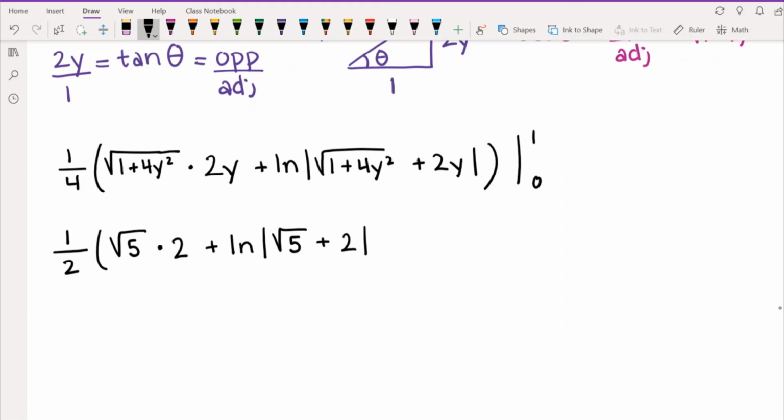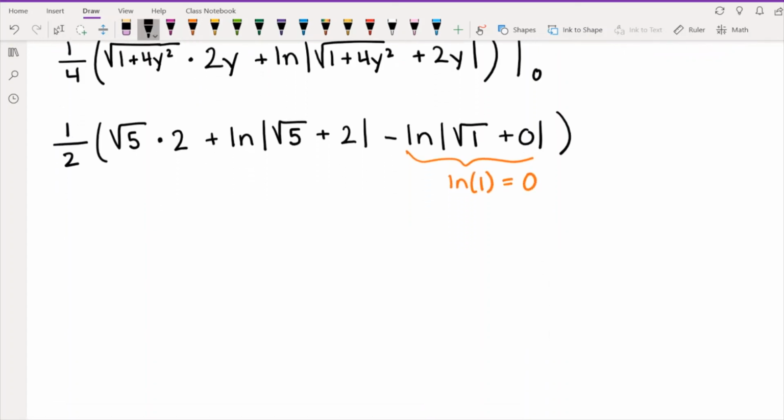The first part is going to be 0, right? This part turns to 0 when you plug in 0. And then the second part will be ln of absolute value of square root of 1 plus 0. So this part altogether is ln of 1, and ln of 1 is equal to 0. So that part goes away.